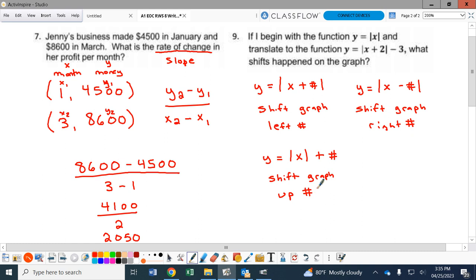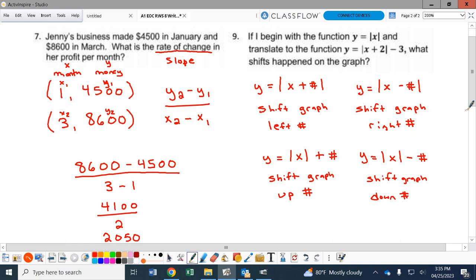It goes in the direction you think. It's on the outside. It does not change. If it is plus a number, you go up however many that is. If it is on the outside and it is a minus a number, that is going to shift your graph down whatever that number is.